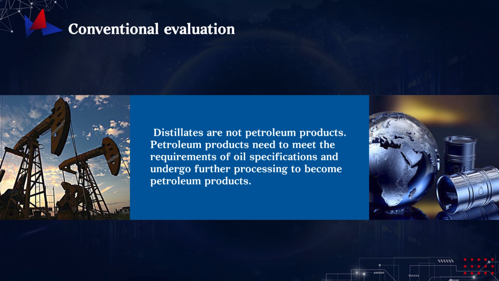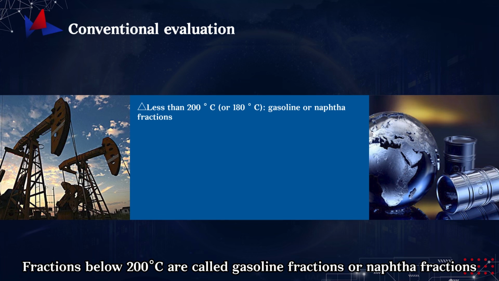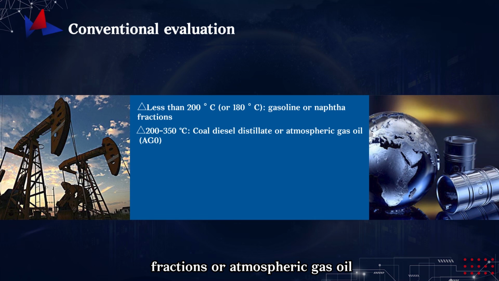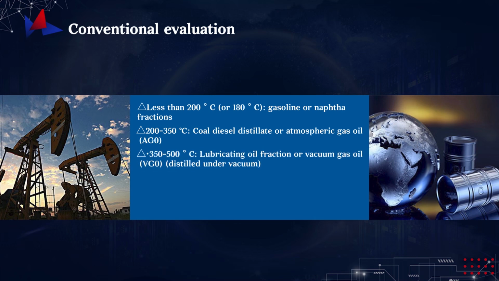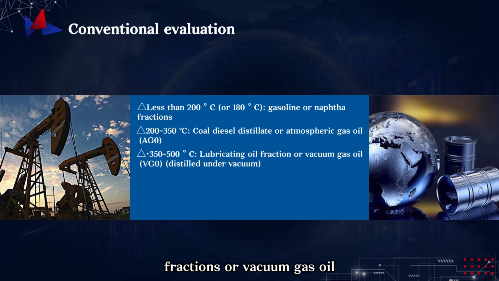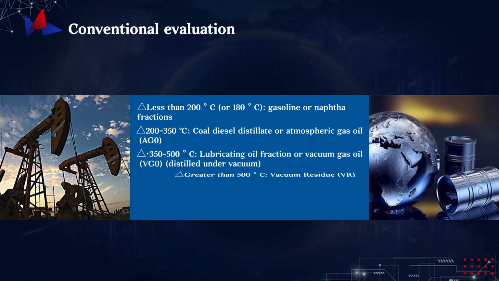For example, fractions below 200 degrees Celsius are called gasoline fractions or naphtha fractions. 200 to 350 degrees Celsius fractions are called kerosene diesel fractions or atmospheric gas oil. 350 degrees Celsius to 500 degrees Celsius fractions are called lubricating oil fractions or vacuum gas oil.